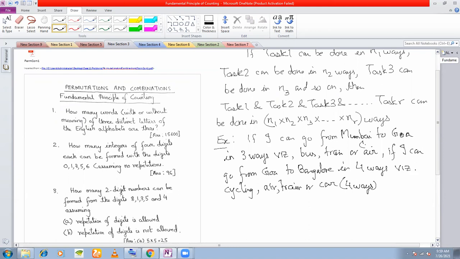And here I can go from Mumbai to Goa only in 3 ways.